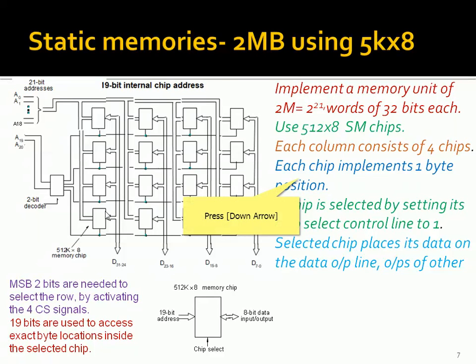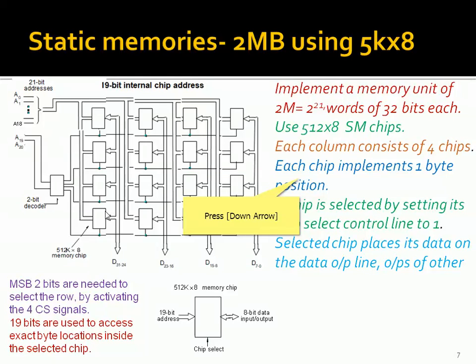So from here we will get D0 to D7 of the 2 MB, D8 to D15 of the second byte, D16 to D23 the third byte, and D24 to D31 is the last byte, right? So altogether 32 bit information we can drive out.